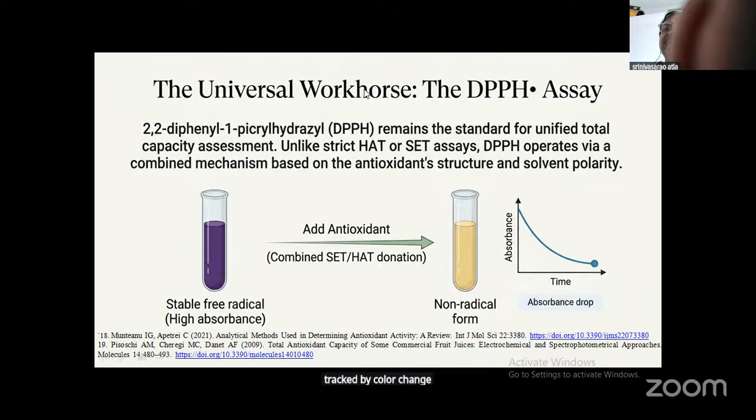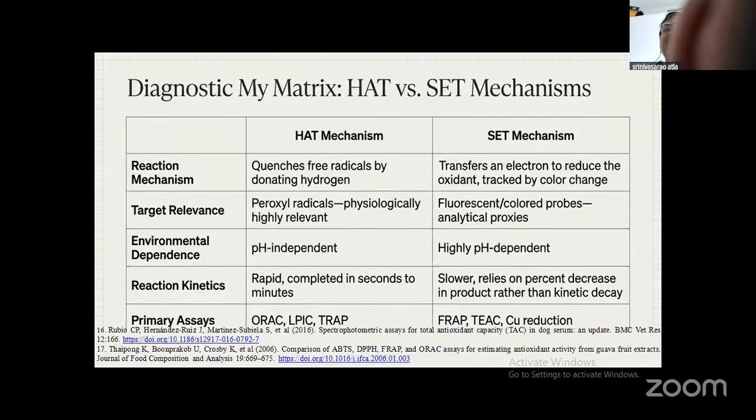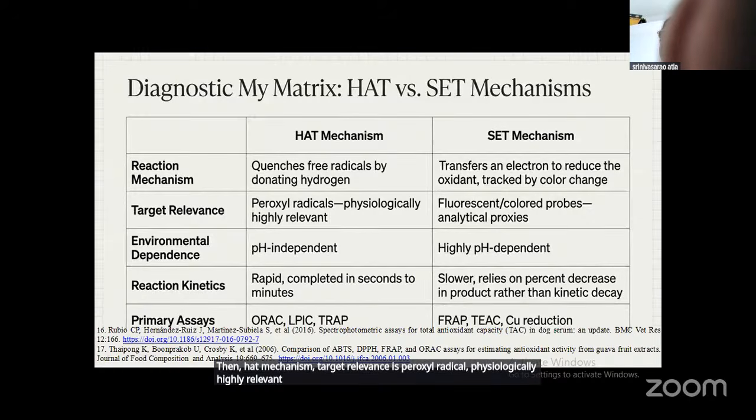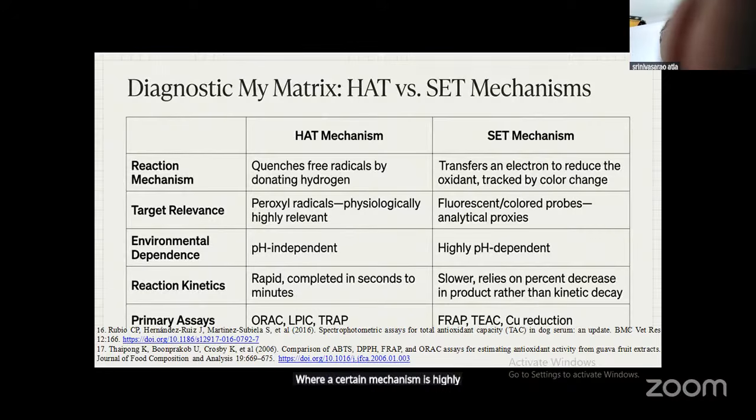Then the HAT mechanism target relevance is peroxyl radical, physiologically highly relevant, whereas the SET mechanism uses fluorescent or colored probes, analytical proxies. Environmental dependence is pH independent for the HAT mechanism, whereas the SET mechanism is highly pH dependent.